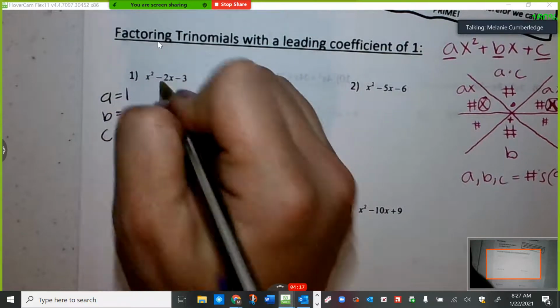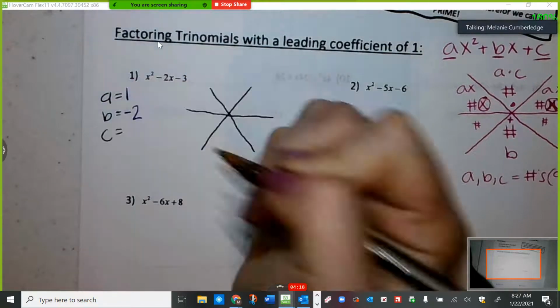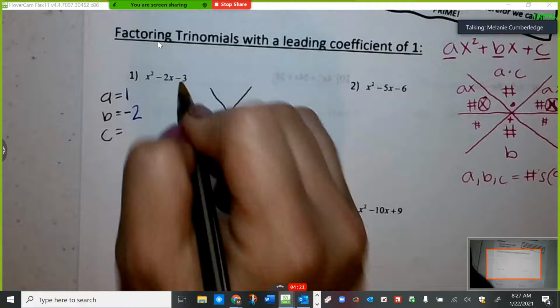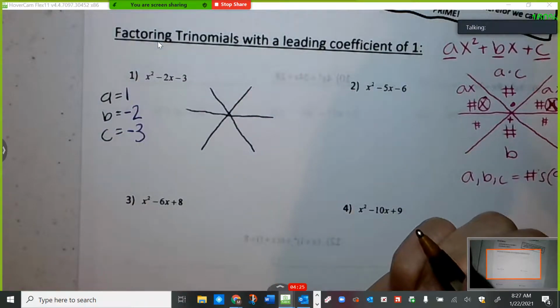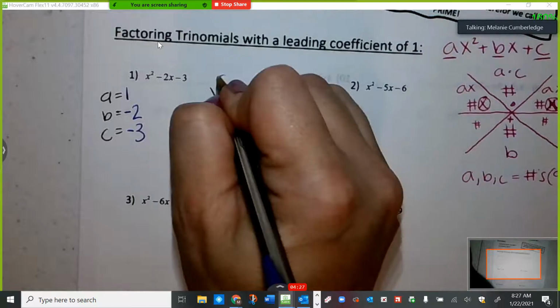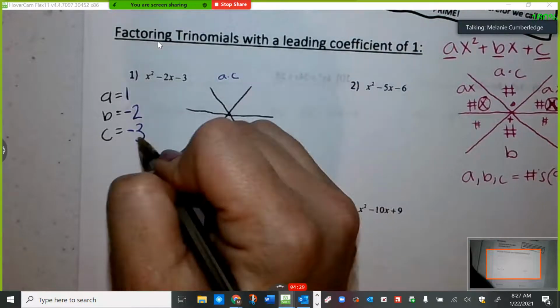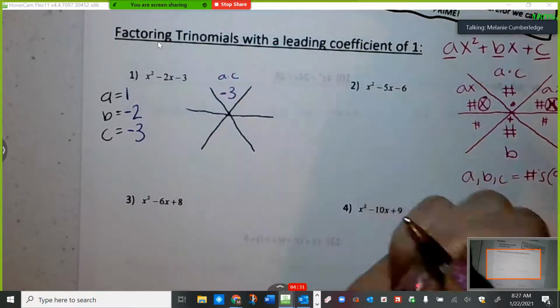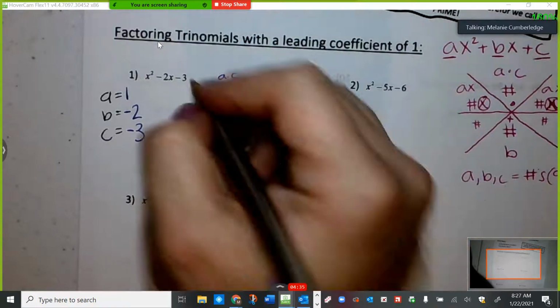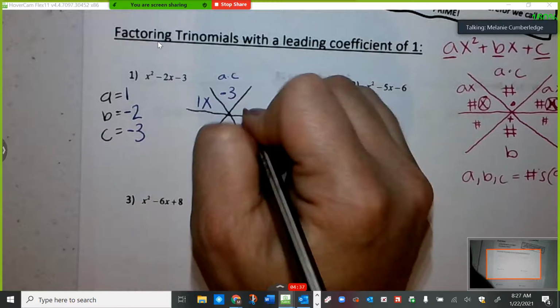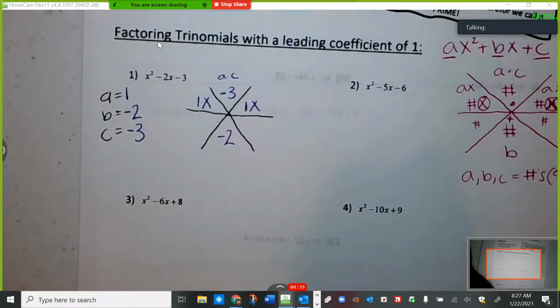B is the number in front of x, which is -2. And C is the number without a letter, which is -3. So A times C on top, 1 times -3 is -3. B is -2. And A is 1 with an X, 1 with an X. That's all the stuff that's given to us that we fill in.